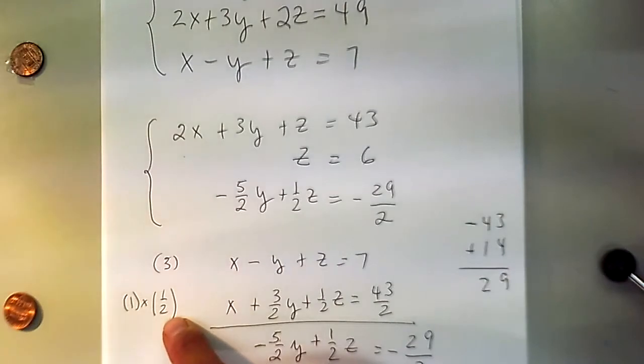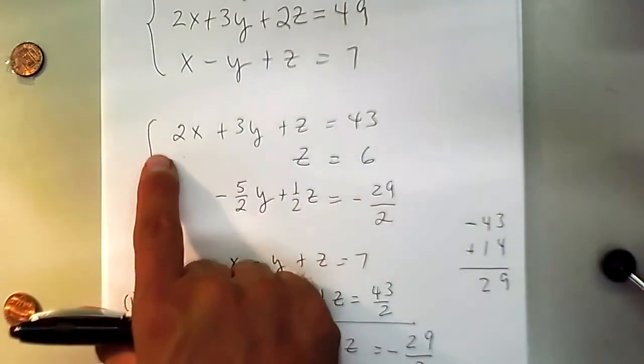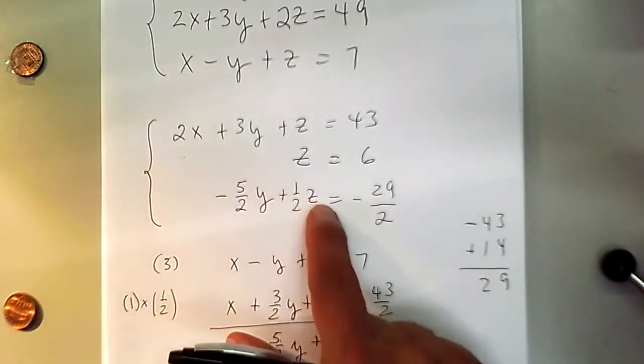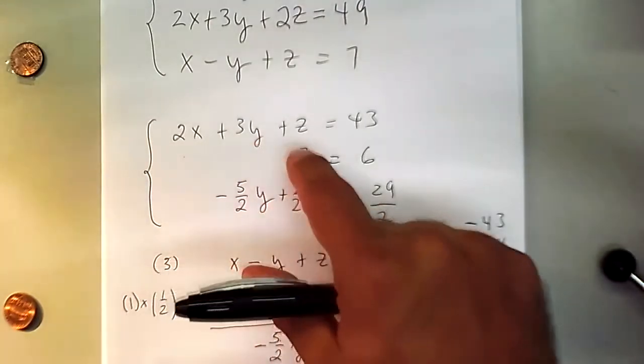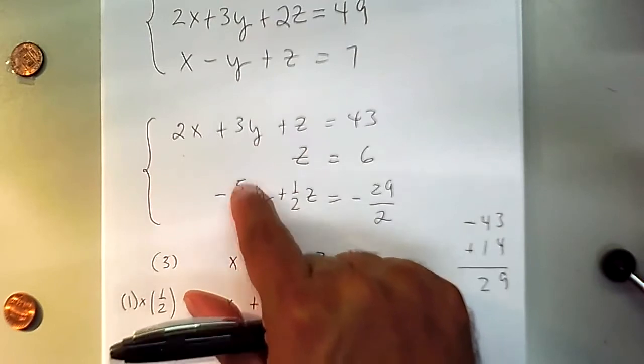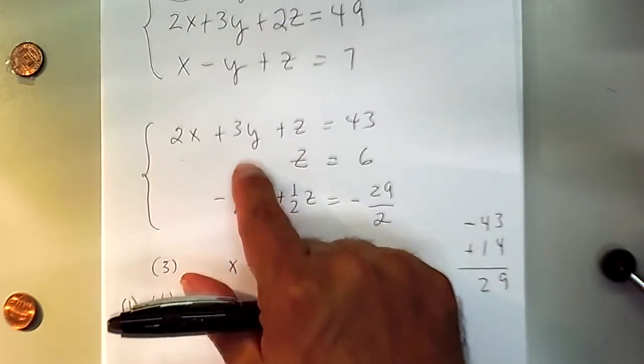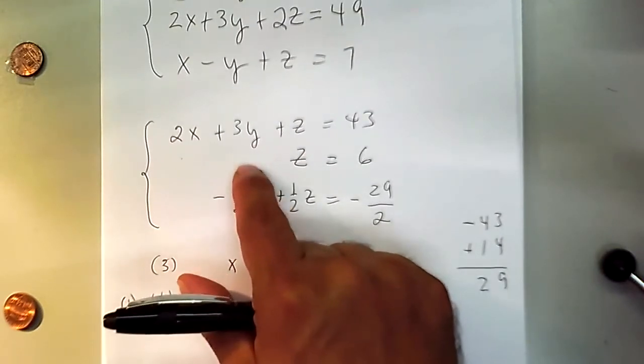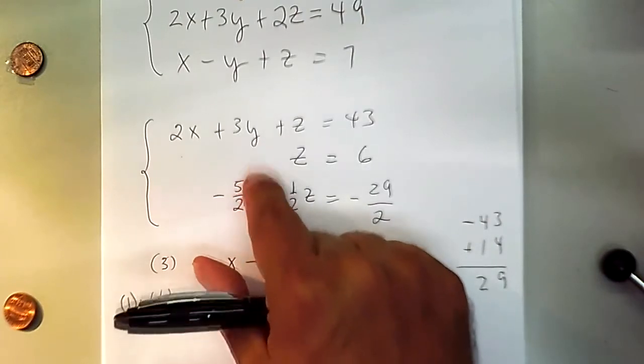But now we have an issue. We want to create an upper triangular matrix, and so we want to get this to be 0. But in order to get this to be 0, we need that one so we can eliminate, but that one does not exist. So we have a problem.